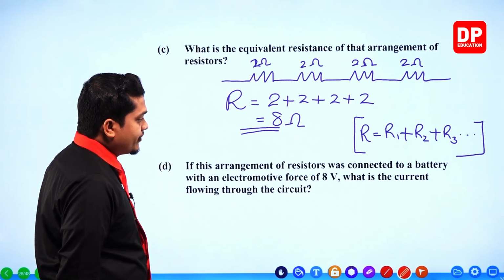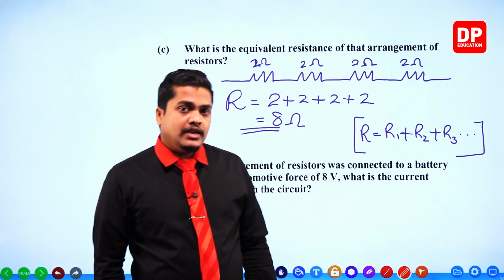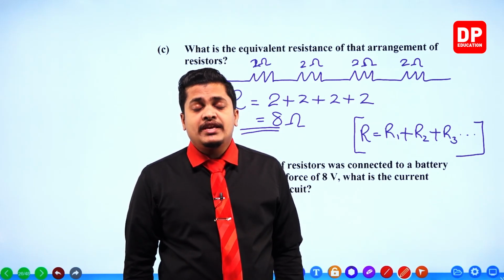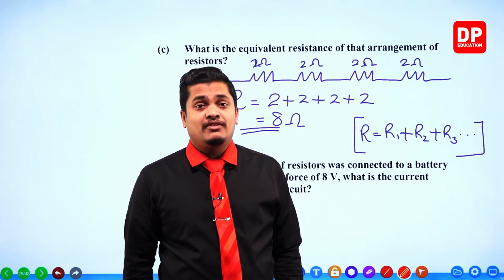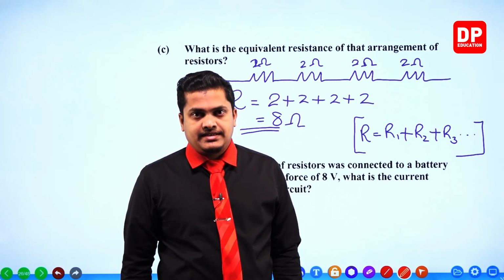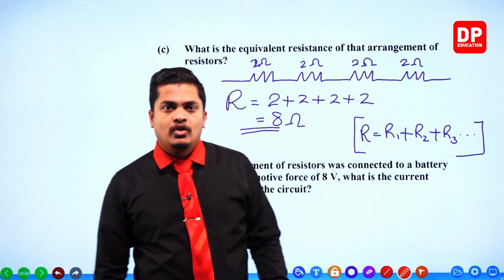Then, my dear children, what do you need to do? When learning the current electricity lesson, you learned a very important equation: V is equal to IR. Voltage is equal to current times resistance. So apply that formula and get the answer for current.